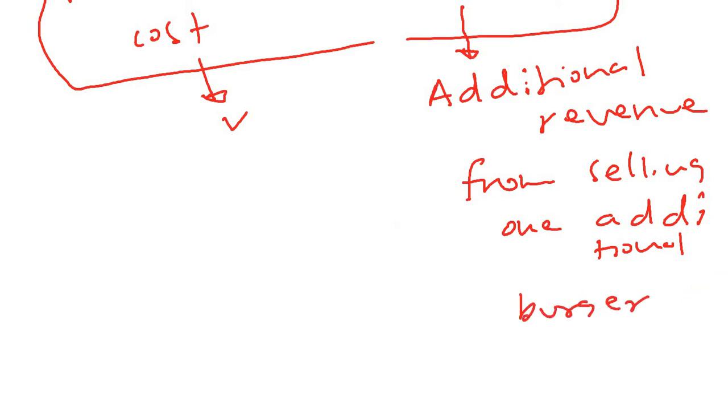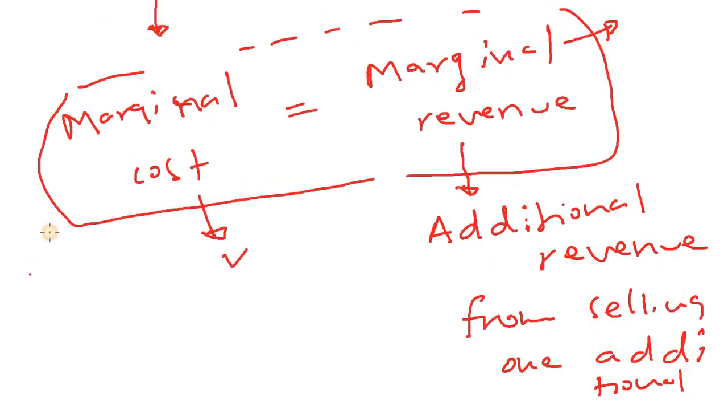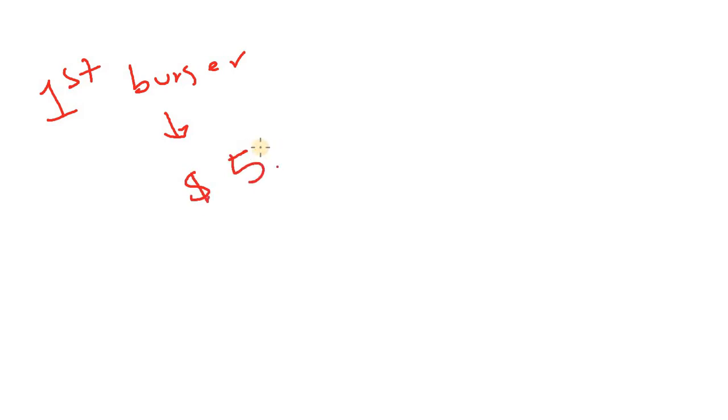So let me explain this with the help of a very simple example. Let's say you are selling the first burger. To make this burger you need extra, let's say, $5. So you need some extra cheese, patty, bread.